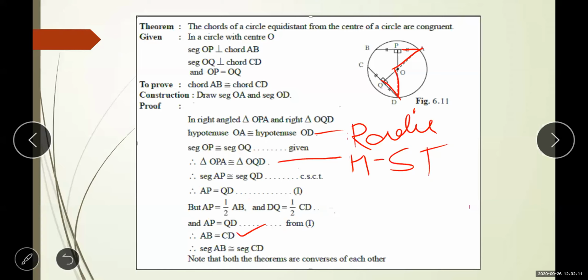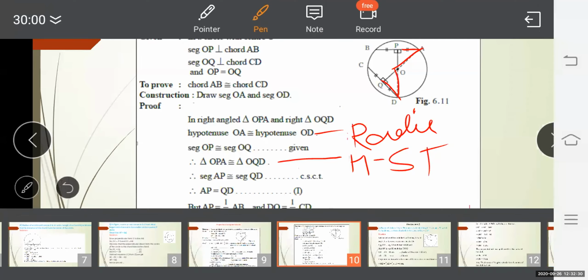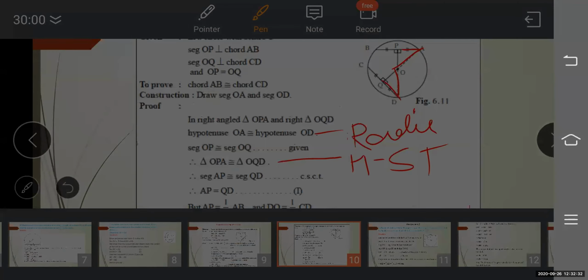Now these are the lengths. Write them down in the form of segments. Segment AB is congruent to segment CD. Here we prove that the chords of a circle are congruent. Okay. So I hope you understood this one. How to show that the two triangles are congruent. Is it hard or easy?